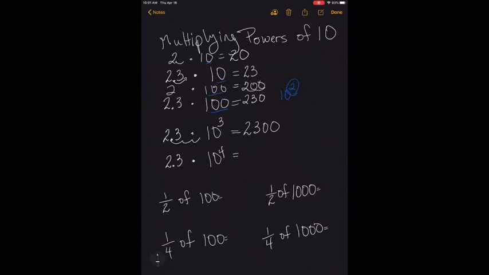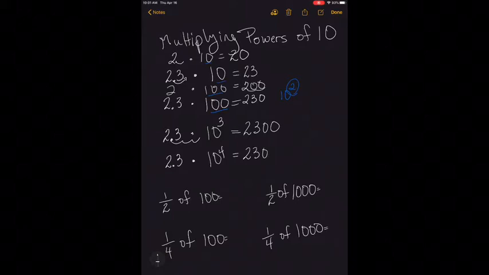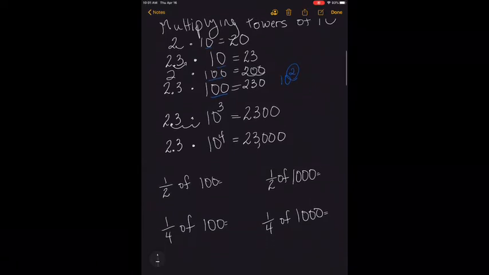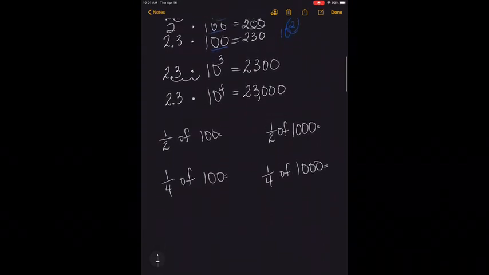So we end up with 2,300. And when it's 2.3 times 10 to the fourth, it would be 23,000. Okay? Because we need to move that decimal over 4 times.